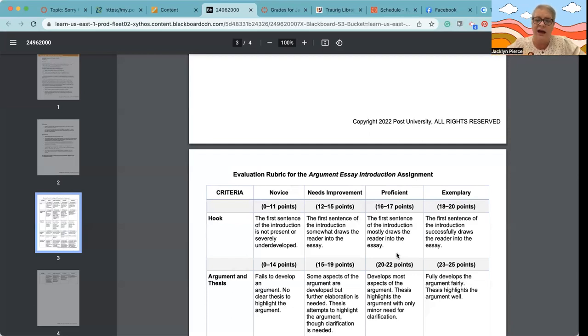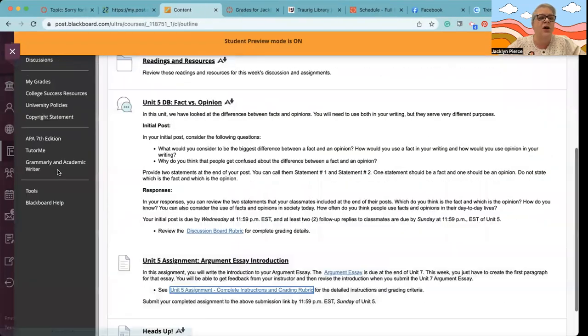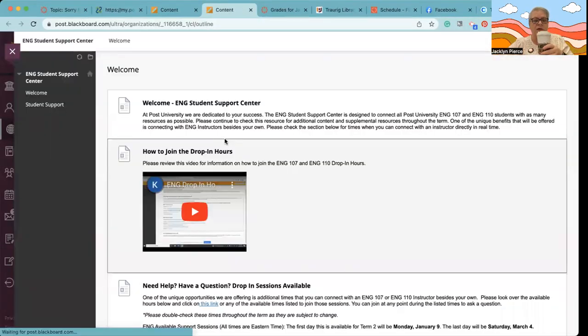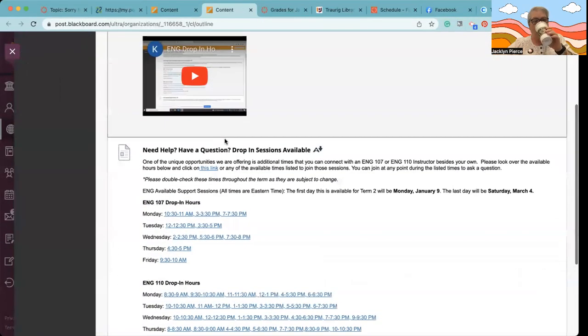I'm actually live in that Teams chat where in the course, let me remind you where it is. In the course over here on the far left, this English 110 drop-in hours, there's more than just me. So you can use those drop-in hours anytime. In fact, let's look at the schedule so you can see how many there are.